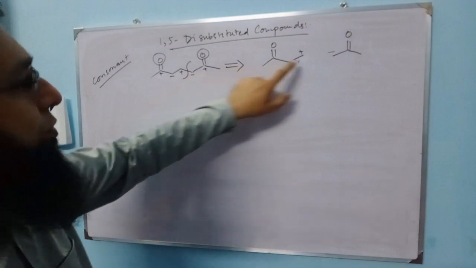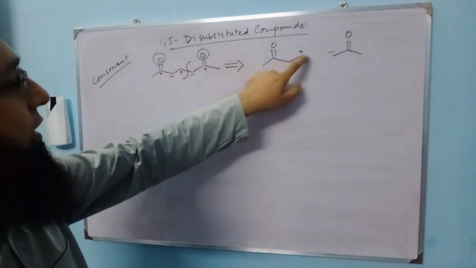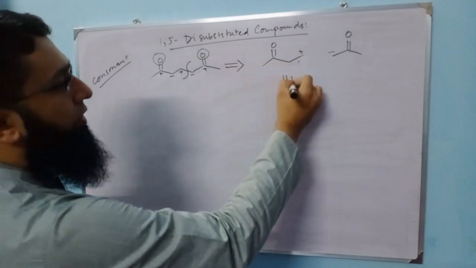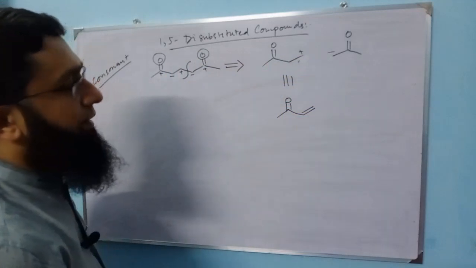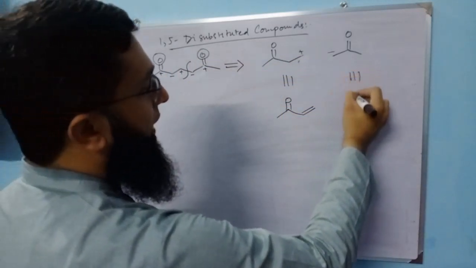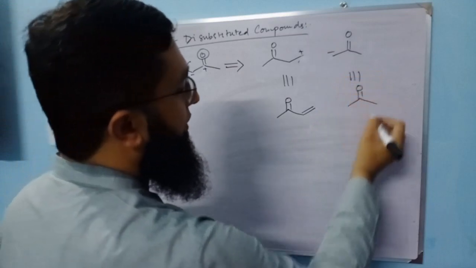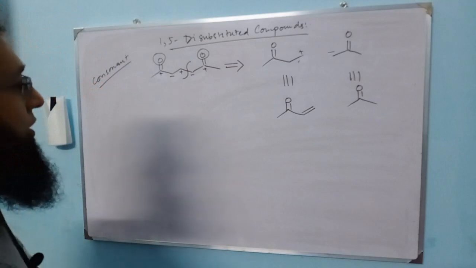Here was negative, so we have put negative here. Here was positive, we have put positive here. And we know that for this we have the corresponding alpha beta unsaturated ketone as reagent, and here we have the corresponding ketone as reagent.